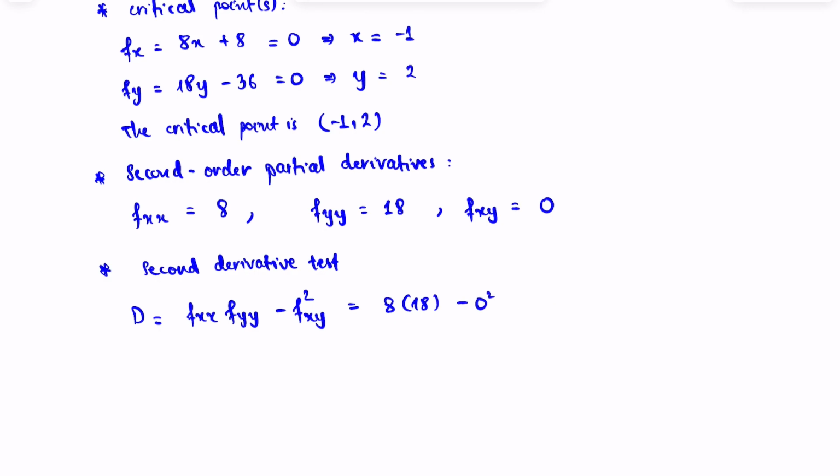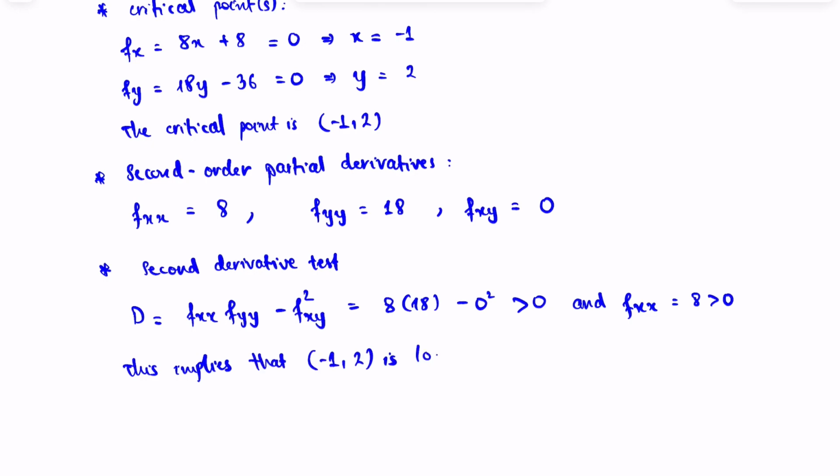So this is always going to be a positive number. I'm not going to calculate the exact value, I just want to know the sign of the discriminant. With this information, together with f_xx always being positive, this implies that the critical point (-1, 2) is a local minimum.